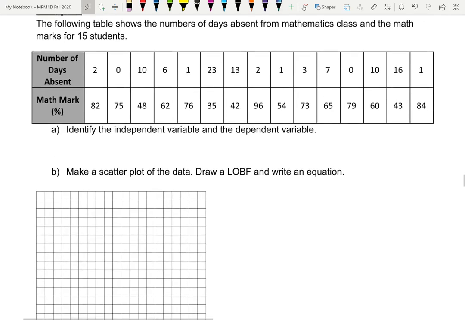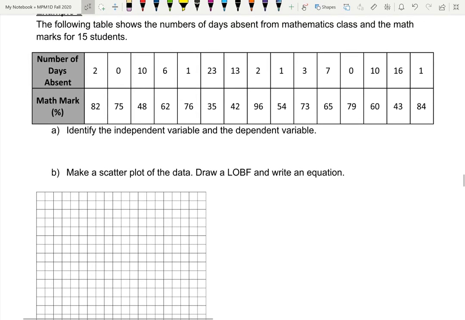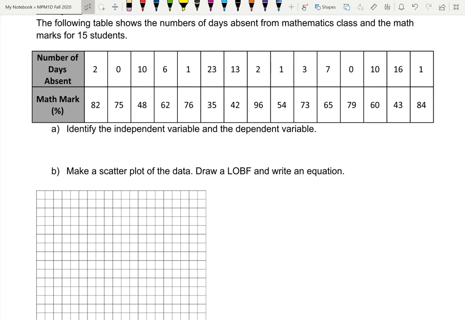Let's just answer A. It's asking us to identify the independent variable and the dependent variable. Okay, so this shows the number of days absent from mathematics class and the math marks for 15 students. So again, we understand that in a horizontal table of values, the top row would be our independent value, but also just thinking about it, which one depends on the other?